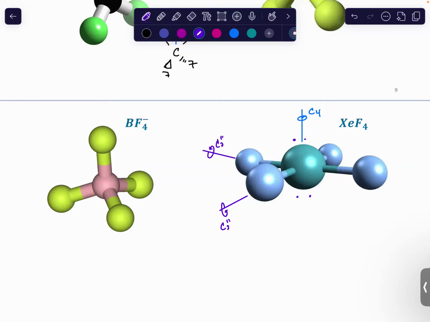This is three-dimensional, so we can't make it look perfect, but it comes out the other side, kind of like that.